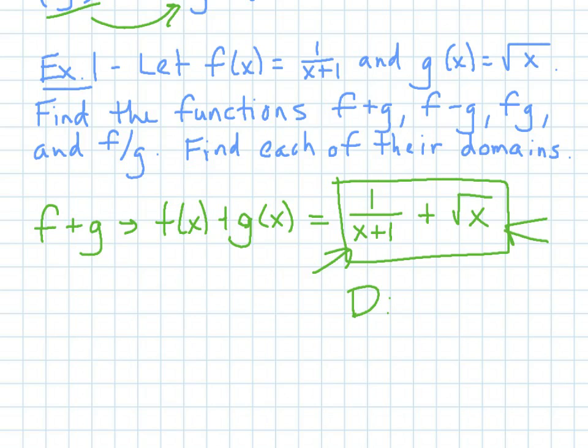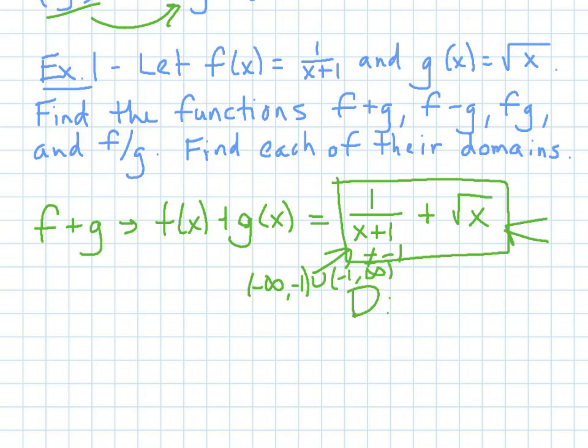For 1 over x plus 1, your domain is everything but negative 1, right? Because it can't be negative 1. So you can go from negative infinity to negative 1, union negative 1 to infinity.